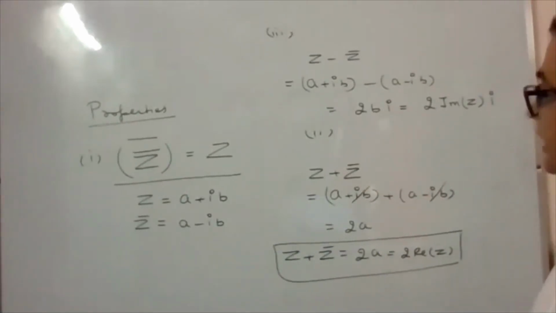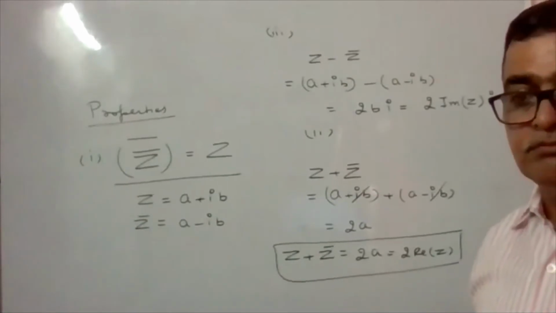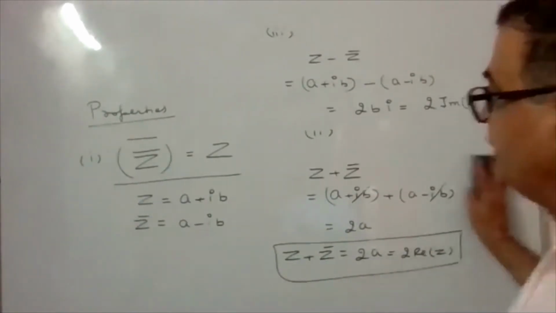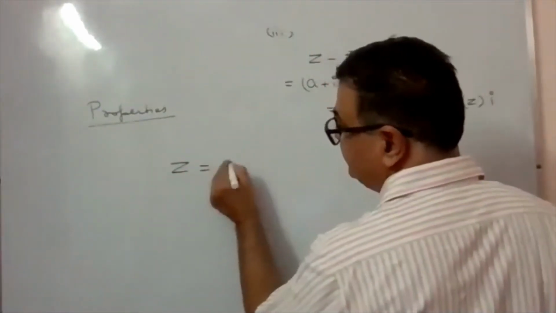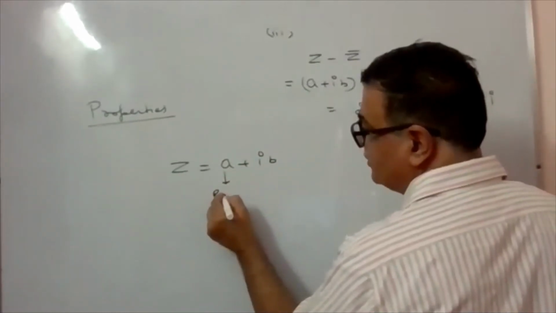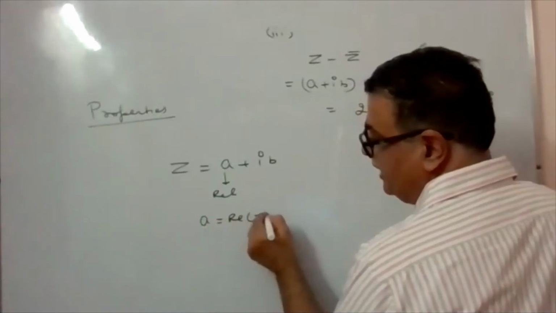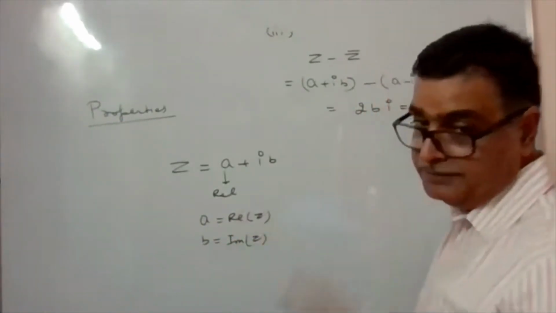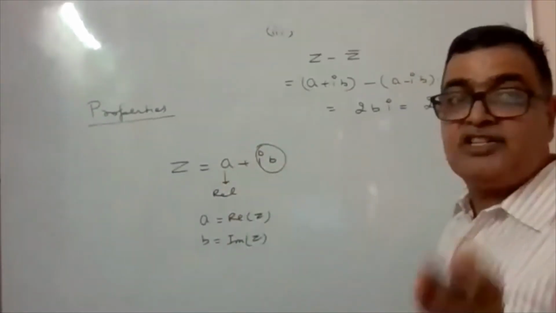Excuse me, sir, imaginary part should be only iota because B can be a real number as well. No. Iota is not real. I told you in the beginning, when you have a complex number, Z is A plus iota B. A is the real part of Z and B is the imaginary part of Z. Only B. If you take this total, that is called an imaginary number.